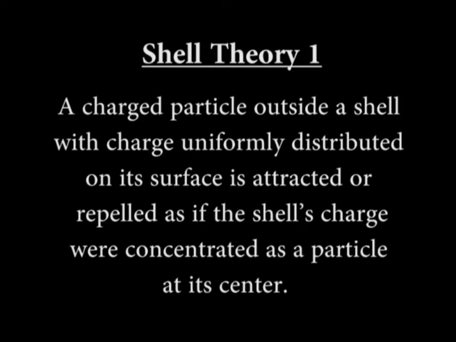According to the first shell theorem, the shell then will attract or repel an external charge as if all the excess charge on the shell were concentrated at its center. If we remove negative charge from a spherical metal shell, the resulting positive charge of the shell is also spread uniformly over the surface of the shell.